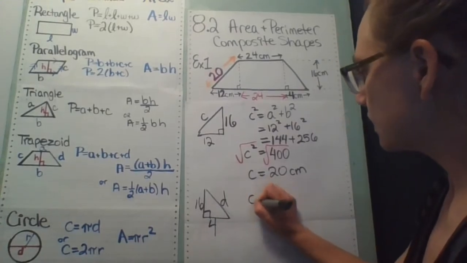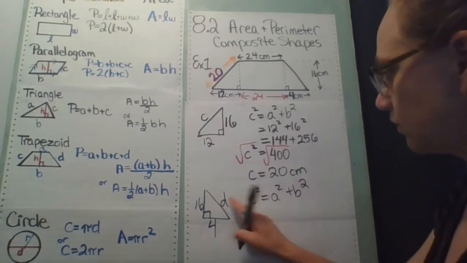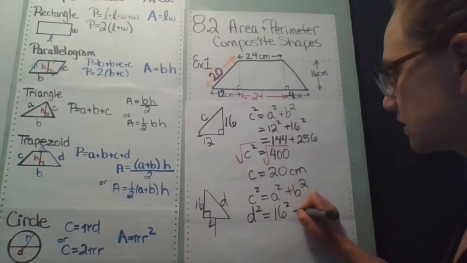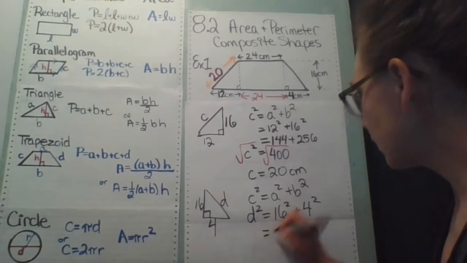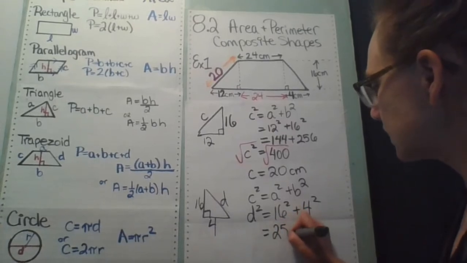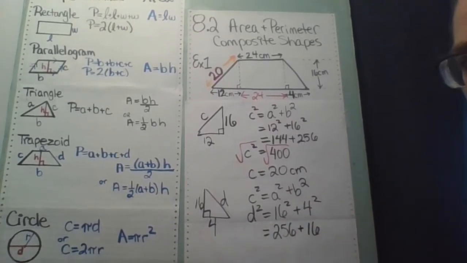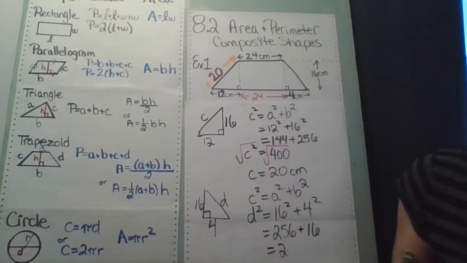So we've got c squared equals a squared plus b squared is my general form. Put in what I have. So I'm calling that D equals 16 squared plus 4 squared. Well, 16 squared, we already did that one. 256. 4 squared is 4 times 4, so that's 16. Add the numbers together, and you get 272.